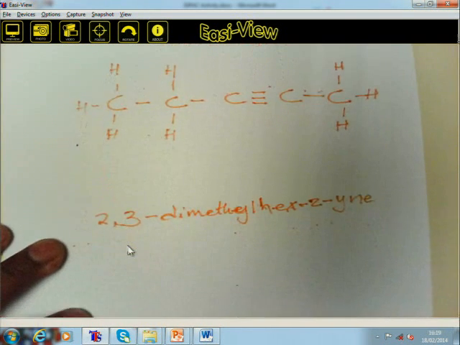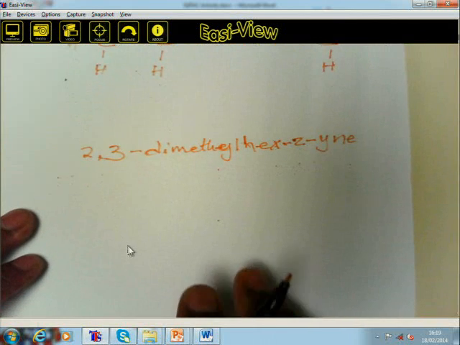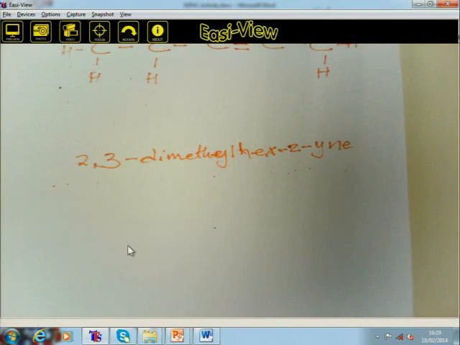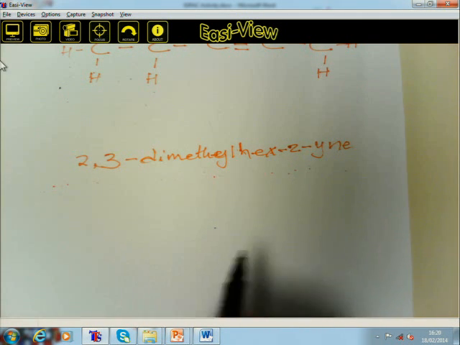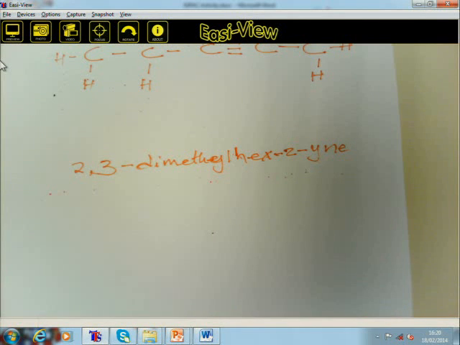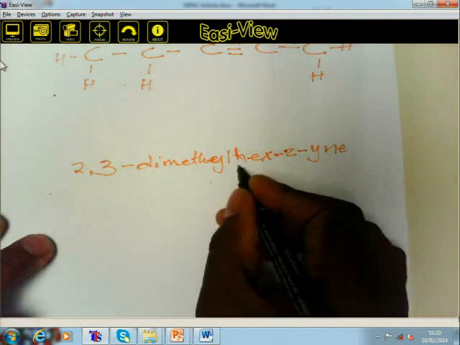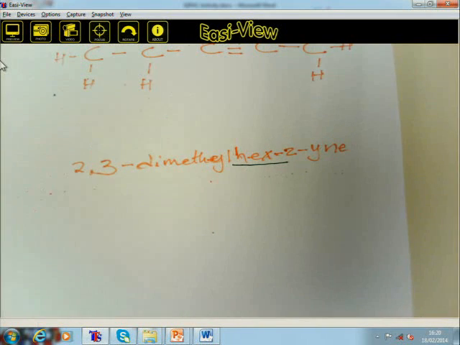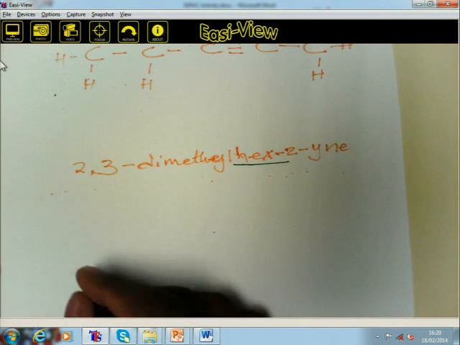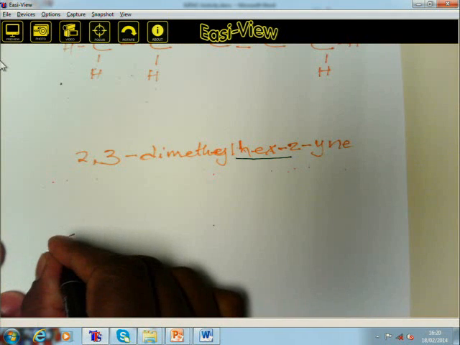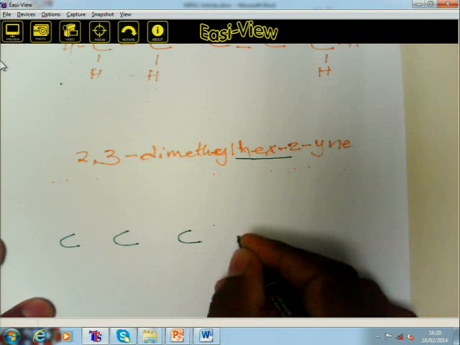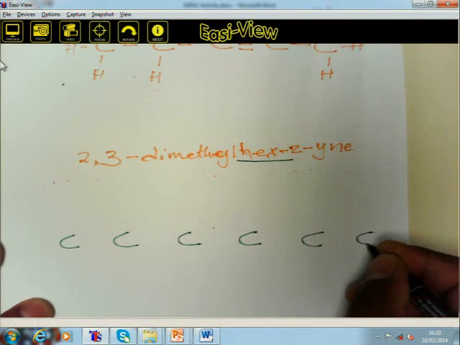All right. They say you must draw the structure of this name. So if we check, here is where you must start when you are given the name and you need to draw. Start from here. You've got 6 carbons. So you draw those 6 carbons. 1, 2, 3, 4, 5, 6.